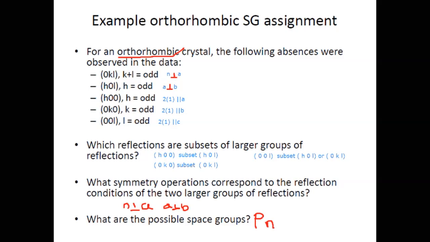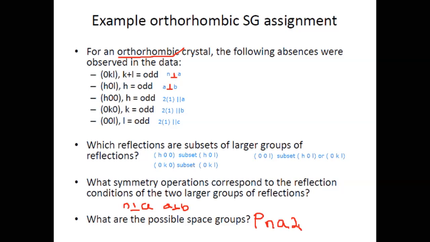We have an A-glide perpendicular to B. And then it could be we have a 2-1 parallel to C. So this could be a possible space group that would satisfy these conditions.